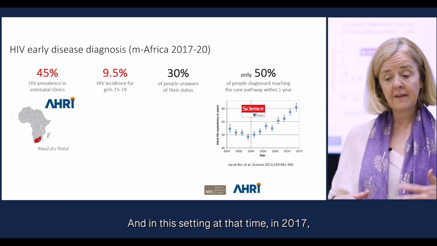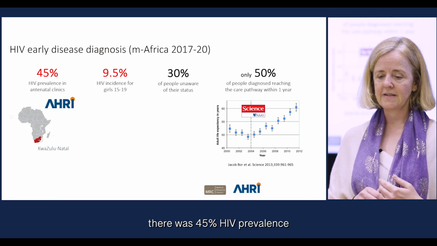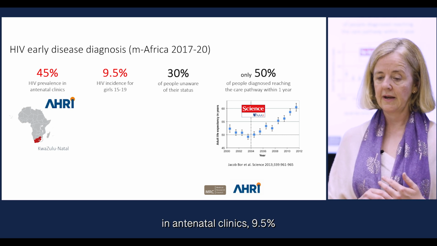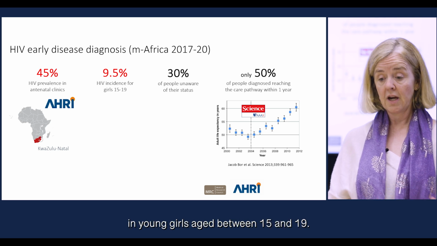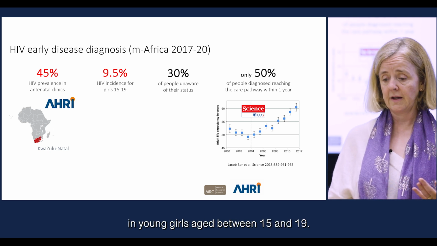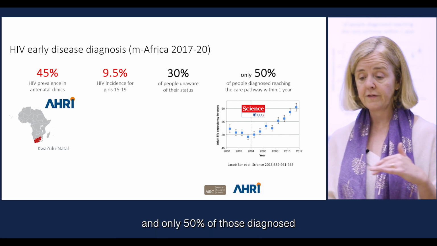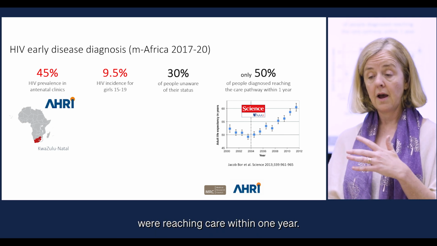And in this setting at that time in 2017, it's worth bearing in mind there was 45% HIV prevalence in antenatal clinics, 9.5% HIV incidence in young girls aged between 15 and 19. 30% of people were unaware of their status, and only 50% of those diagnosed were reaching care within 1 year.